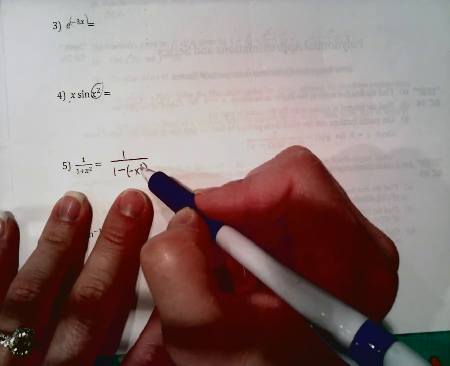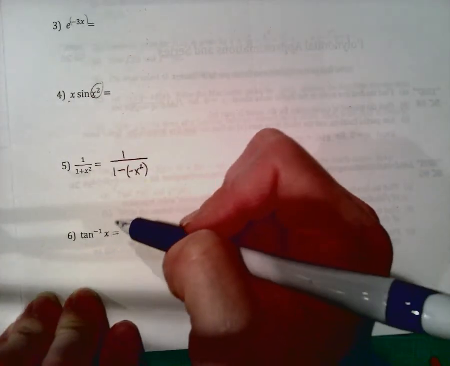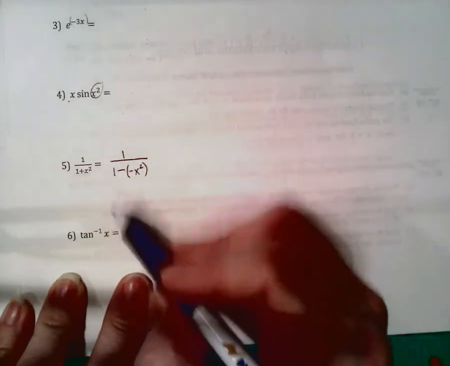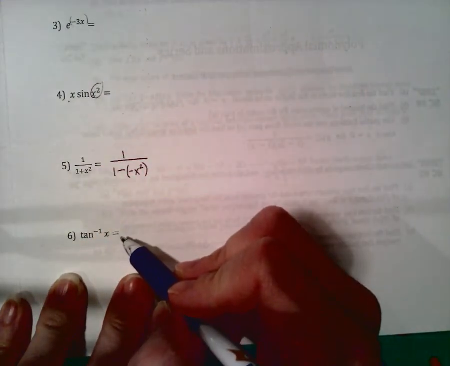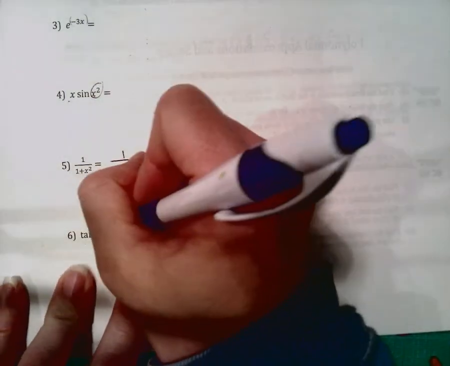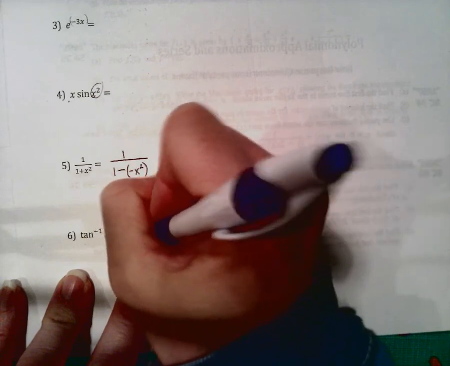Okay. And then this last one, the inverse tangent, this is probably the trickiest, but remember, the derivative of inverse tangent is 1 over 1 plus x squared, which means inverse tangent is the integral of 1 over 1 plus x squared.